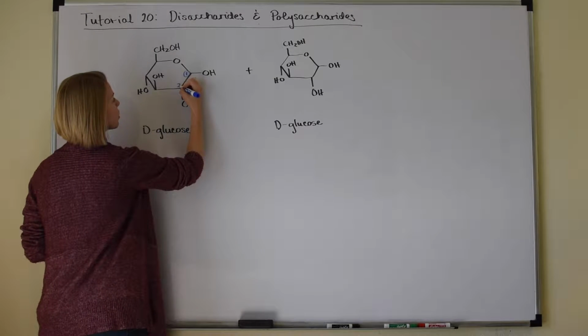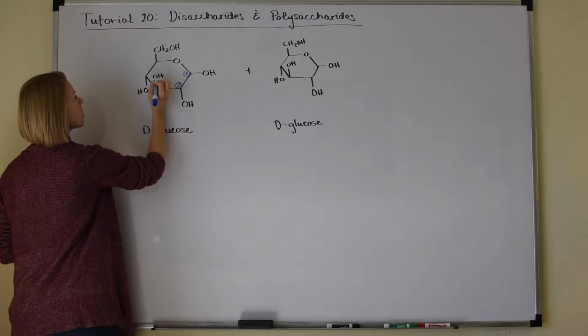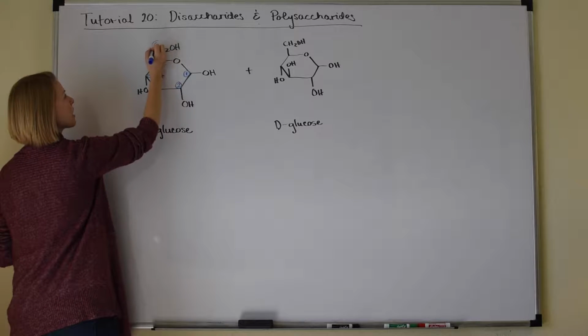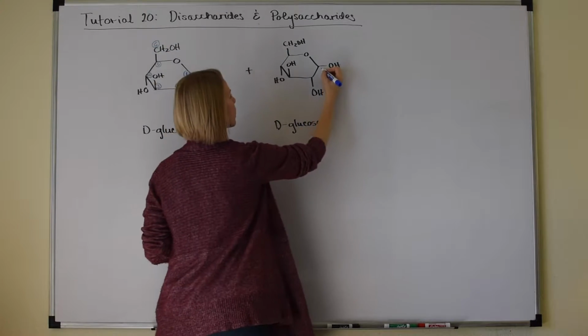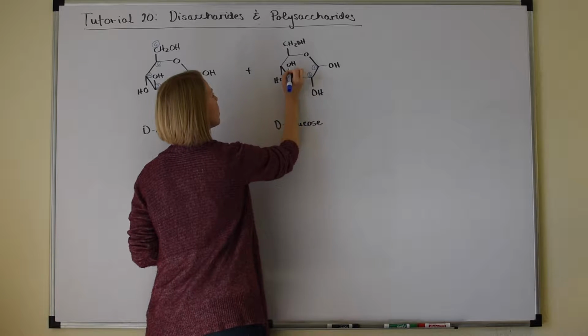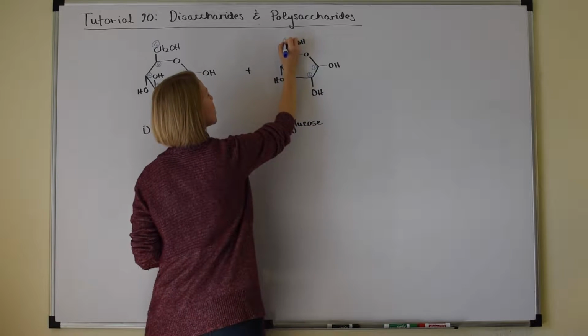This is carbon number 2. This is carbon 3, 4, 5, and this one outside of the ring here is 6. Okay, do the same thing over here. 1, 2, 3, 4, 5, and carbon number 6.